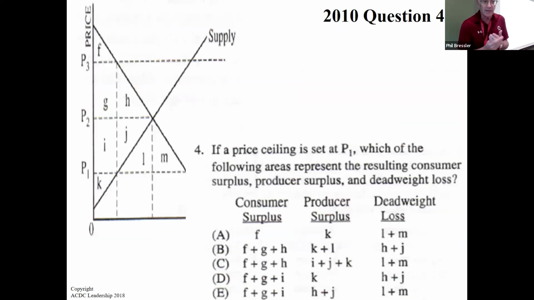All right, here we go. If a price ceiling is set at P1, which of the following areas represents consumer surplus, producer surplus, and deadweight loss? Oh, geez. A lot to think about.